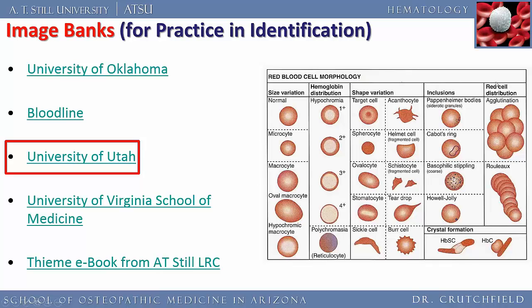So over here on the right-hand side, this is what we talk about when we talk about poikilocytosis of red cells. You go from a normal red cell to a small red cell to a big red cell to one that looks oval to one that doesn't stain as red, to premature types, to a sickle cell that you might see in someone who has sickle cell anemia.